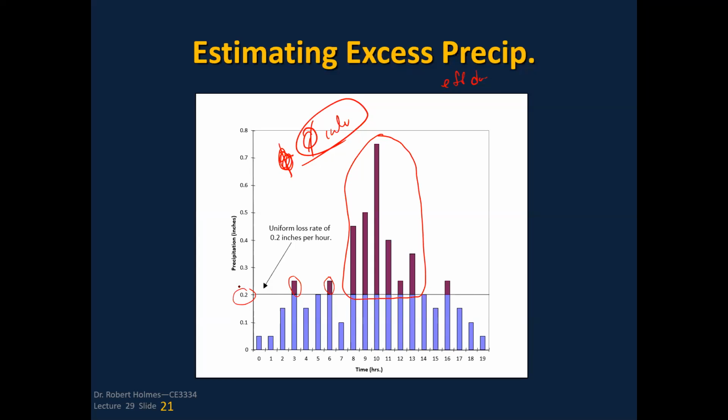It's not going to be exactly 0.2. We're dealing with real data. And so I'm going to call this an effective duration equal to 6 hours because I've got 1, 2, 3, 4, 5, 6 hours that are clustered together that give me the actual rainfall that's above the phi index value of 0.2 inches.